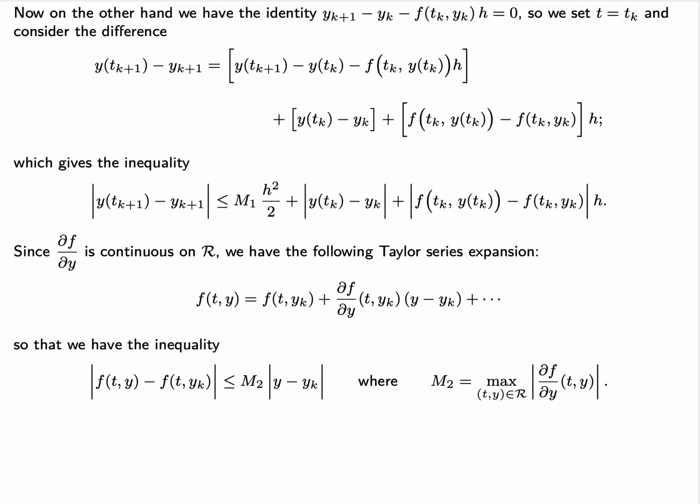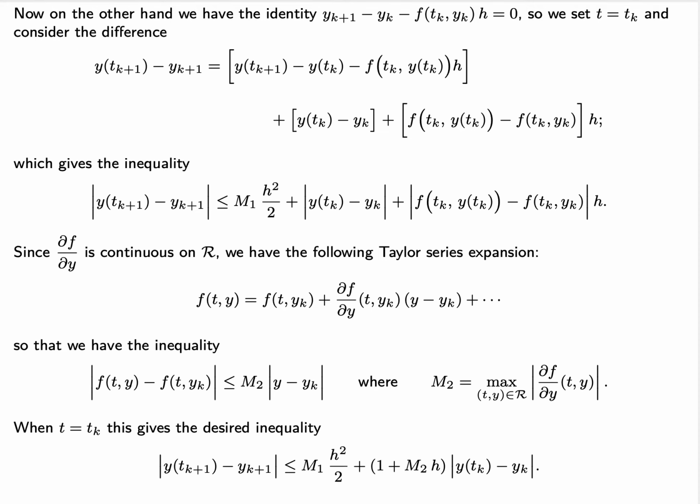Here, m sub 2 now is the maximum value of the partial of f with respect to y on the rectangle R. Putting both of these together, we now find the desired inequality as stated before in lemma 1.